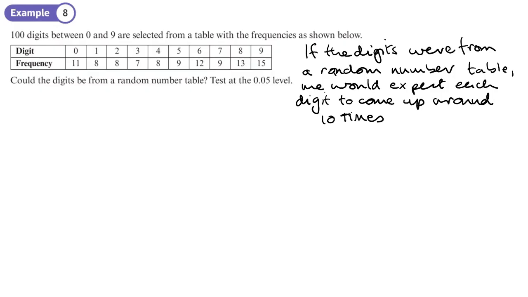So since we're doing a hypothesis test, the first thing we need to do is to say what H0 and H1 are. Now H0 is going to be that, well, if they're all expected the same number of times, it's a discrete uniform distribution. So H0: the digits could be from a random number table.